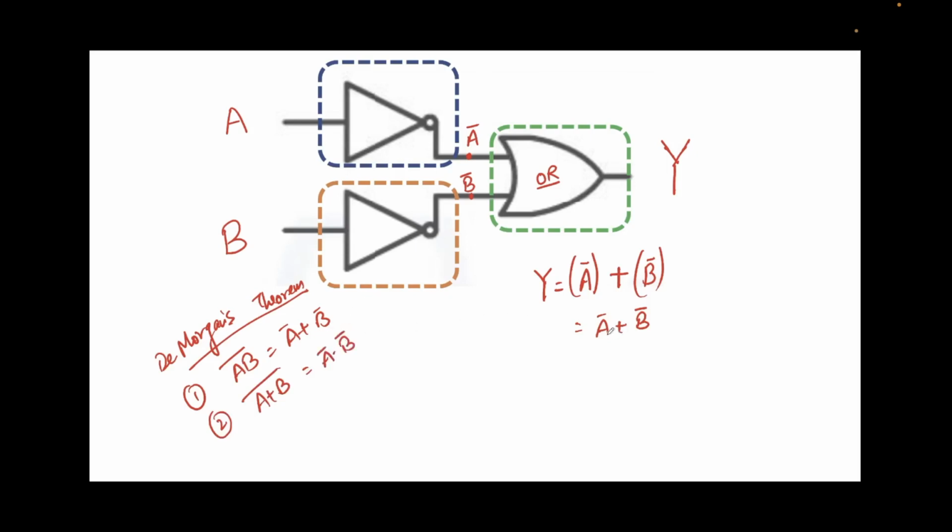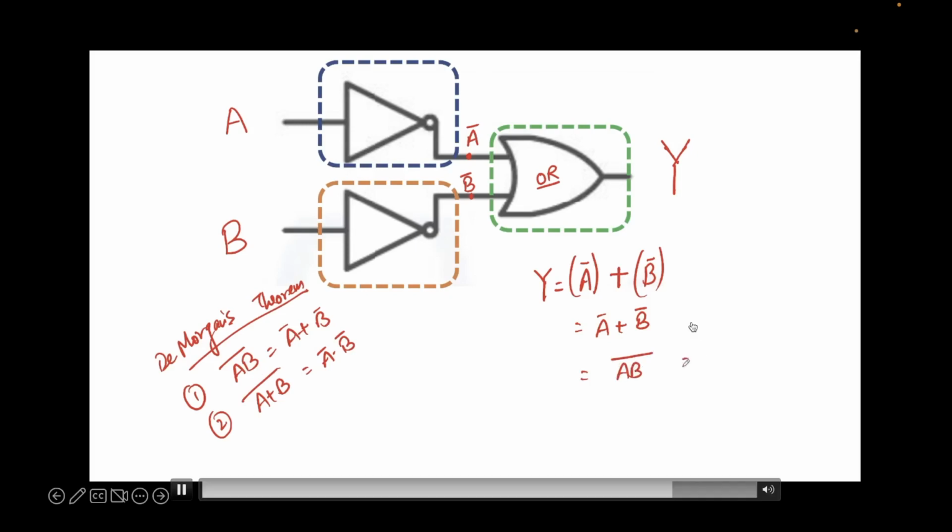So we notice that the output we have obtained is A bar plus B bar. And using this first De Morgan's law, we can write A bar plus B bar as nothing but AB whole bar. Now please note that this is nothing but the algebraic expression for a NAND gate.